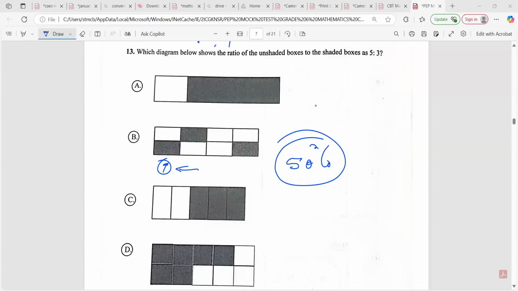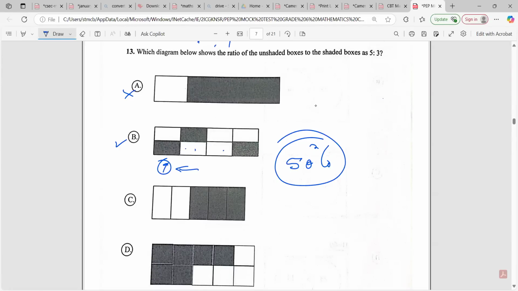I agree with B because it says the ratio of unshaded boxes, which is 5, to the shaded boxes, which is 3. For C, it is 5 equal parts, but 3 is shaded, and 2 is not shaded.